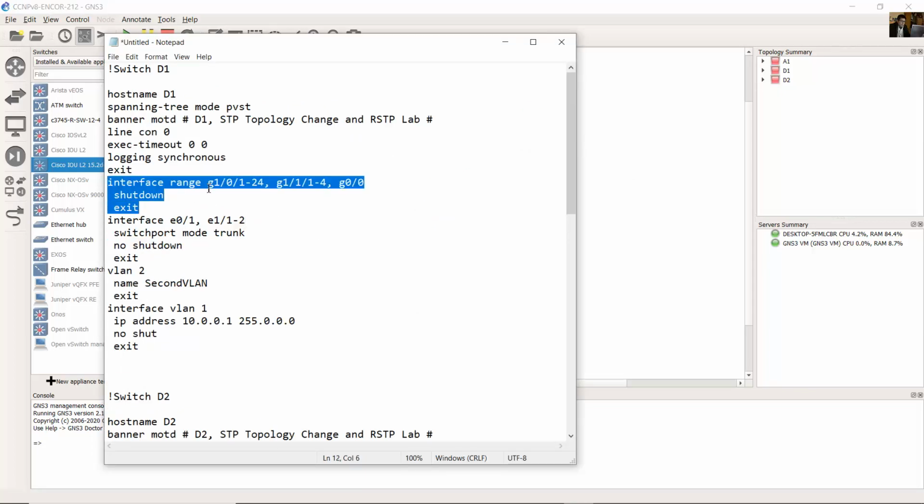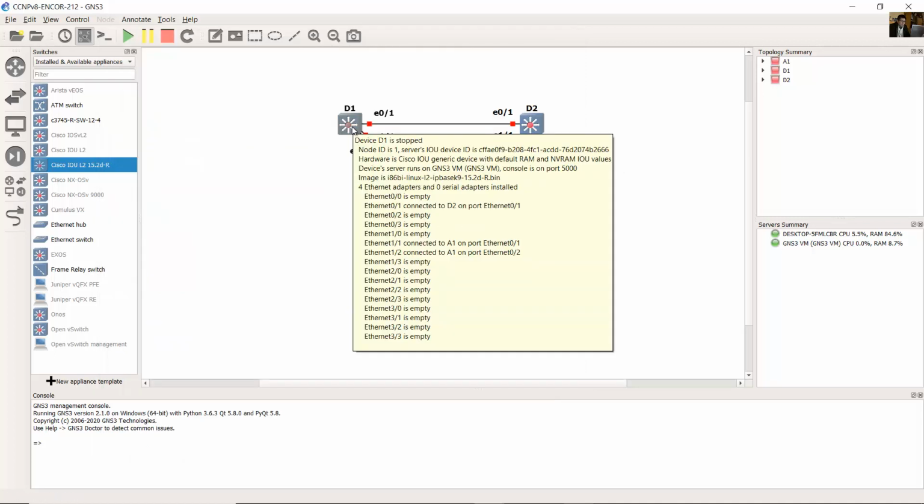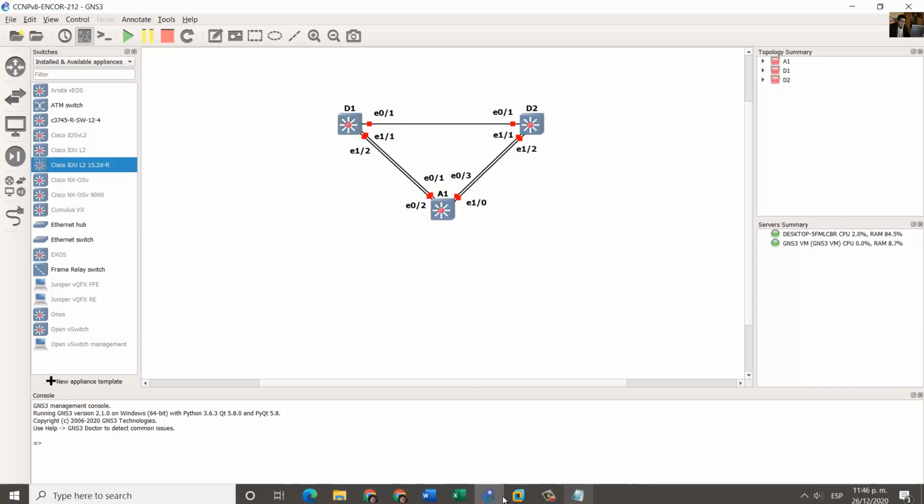And shut down all interfaces from Ethernet 0/0 to 0/3, 1/0 to 1/3, 2/0 to 2/3, 3/0 to 3/3.